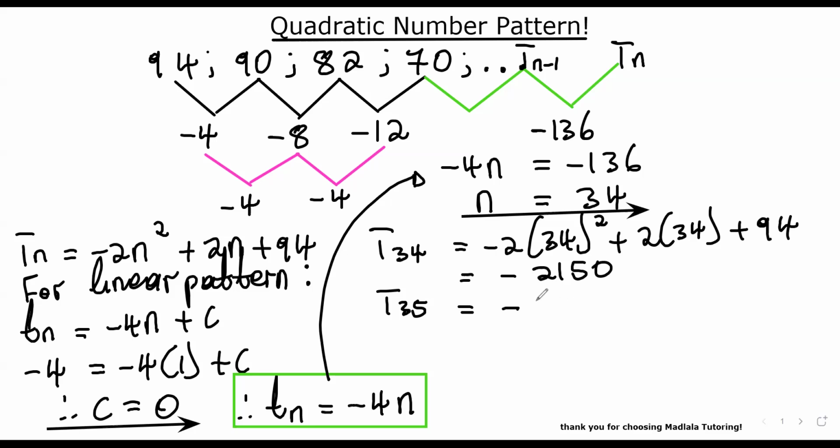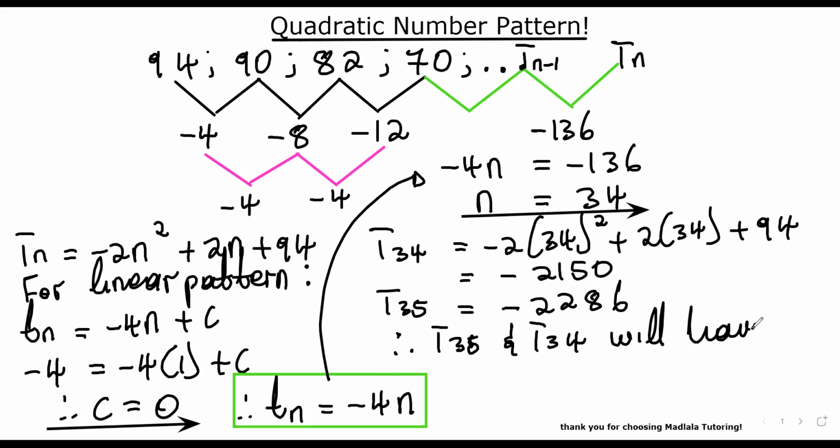It's just going to be negative 2286. So now you can conclude and say, therefore, term number 35 and term number 34 will have a difference of negative 136. Over and out.